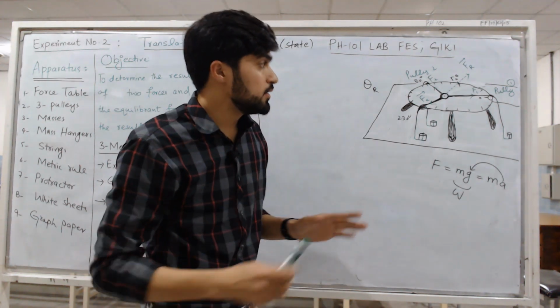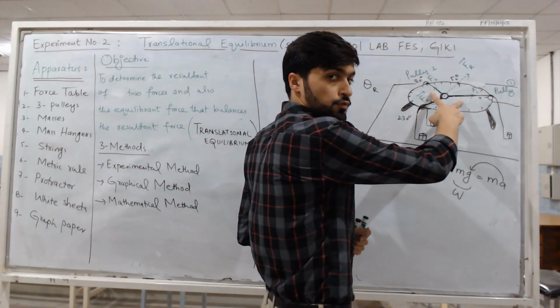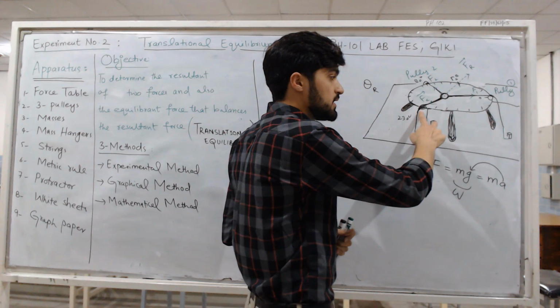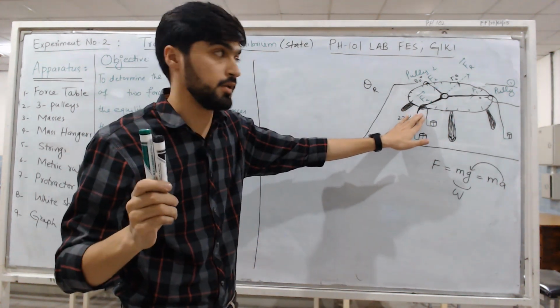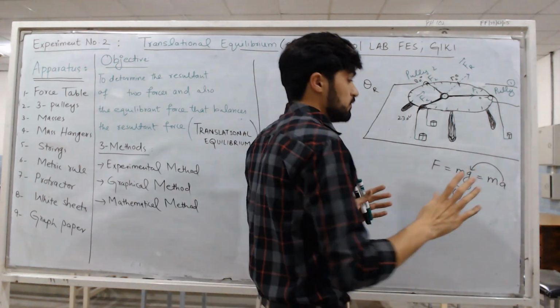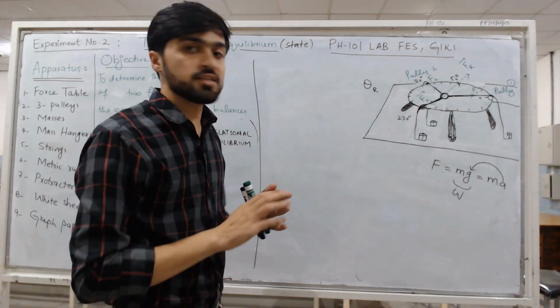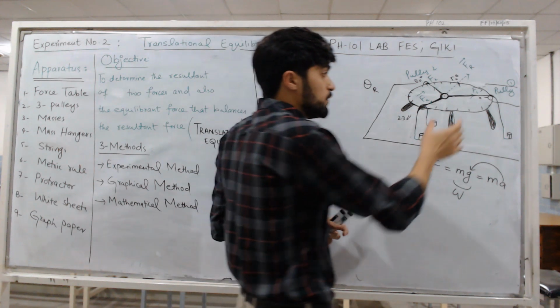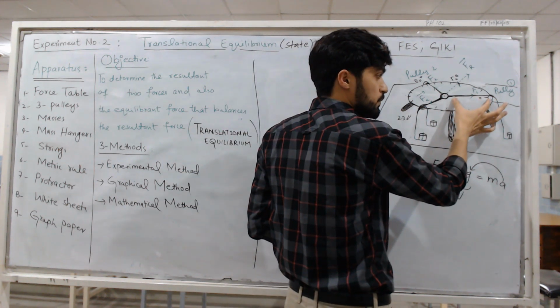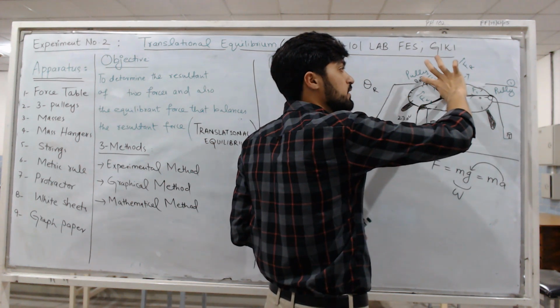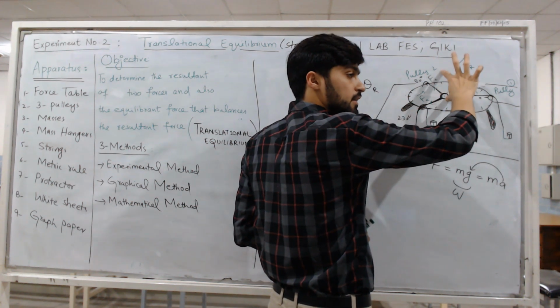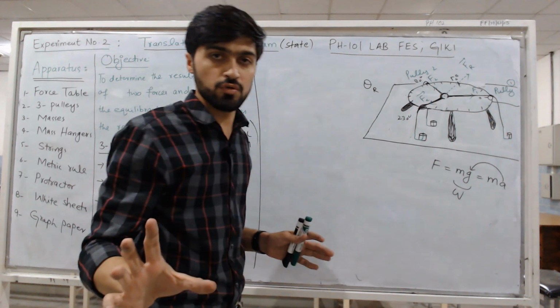Better to fix F1 and F2 and adjust just the third pulley, that is our equilibrium force pulley. For the sake of simplicity, you can start from anywhere. But if you keep the first pulley at 0 degree, the second pulley can be placed at either 120 degree or 90 degree or 130 degree, it depends on you.